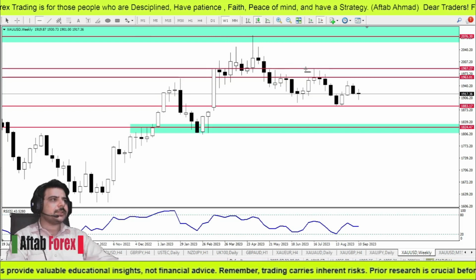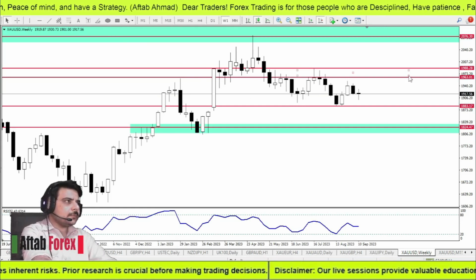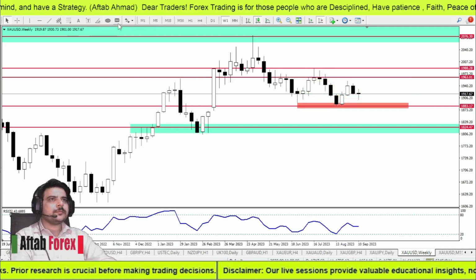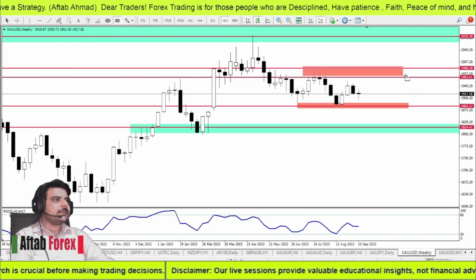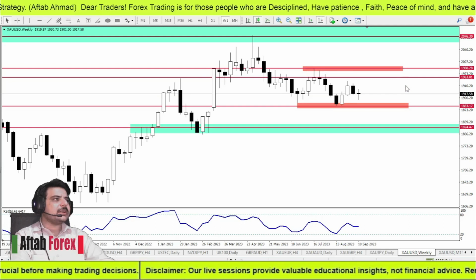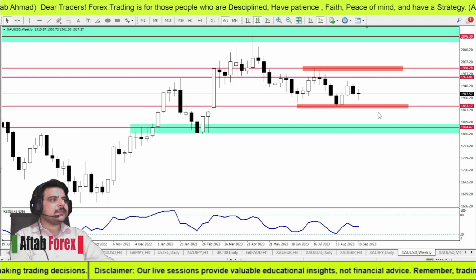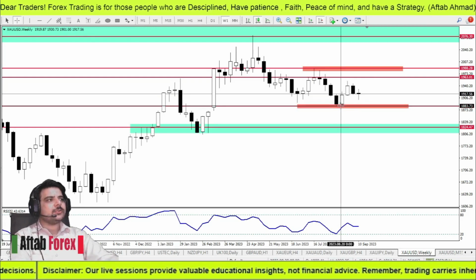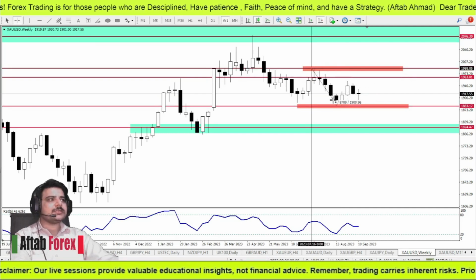Okay, these are now my levels. These orange ones are the weekly. So on the weekly, these are my support resistance levels. We got a good buy from right here, and took a good sell from there.